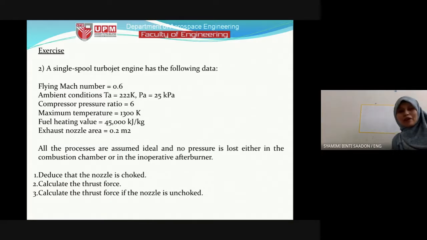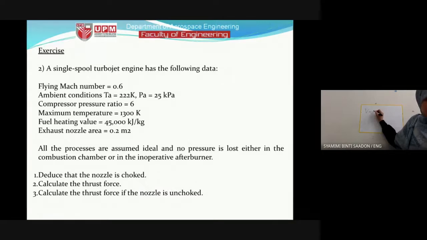Okay, so this time around we have Mach number. Just now, in question exercise 1, we had the cruising or flight speed, airspeed. This time we have Mach number, so it is the opposite situation. We calculate the V, the flight speed.